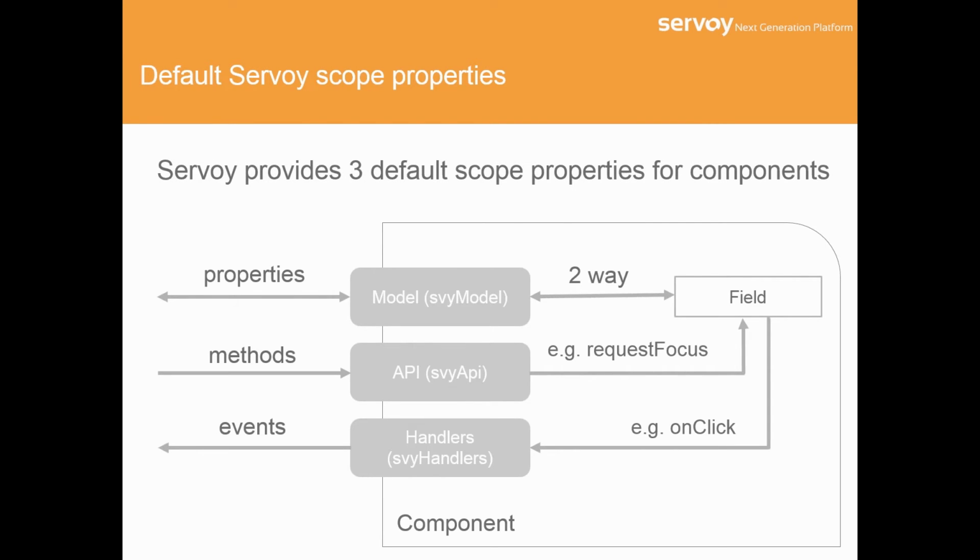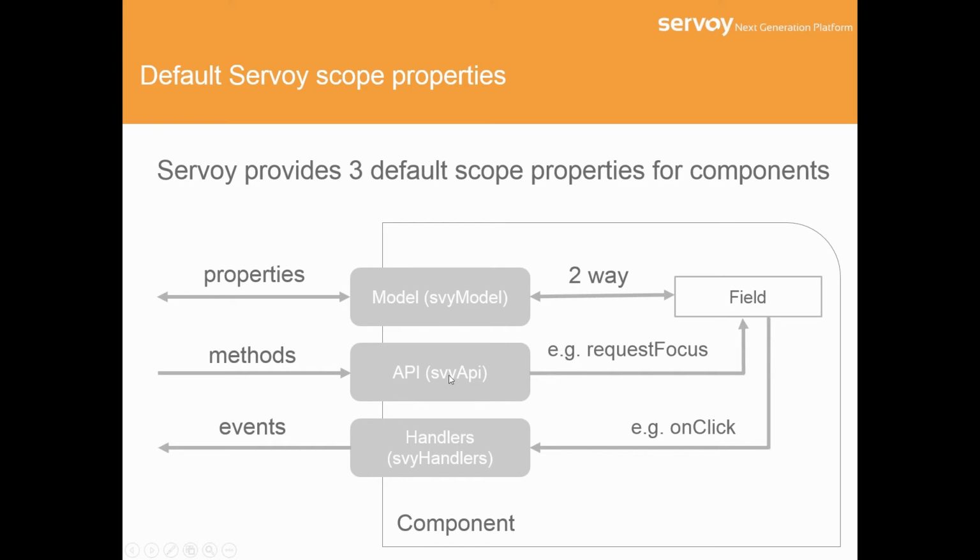Servoy also offers a few scope properties that you can use in components. As you can see here, properties that your component can have, like a value list or the background color or the font or anything, is provided through a Servoy model in the scope that you are developing your directive in.